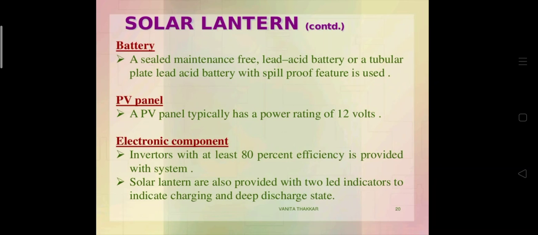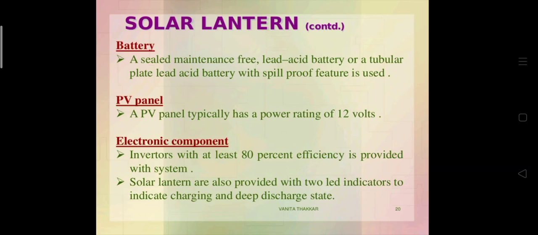The battery in the solar lantern is a sealed, maintenance-free lead acid battery or a tubular plate lead acid battery with a spill-proof feature. This is a very standard battery used in this lantern.